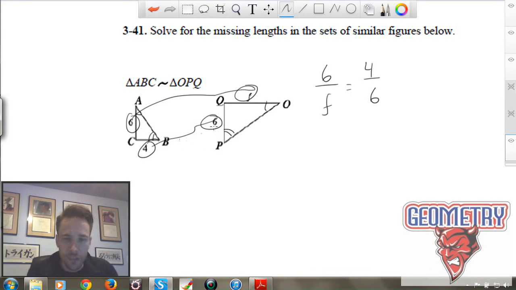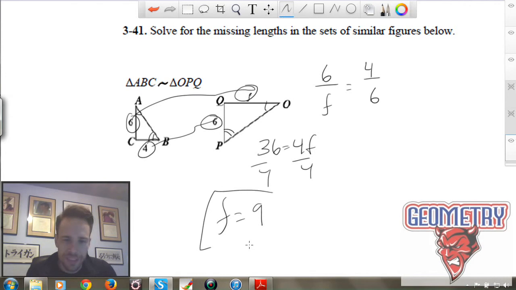And since I started with the triangle ABC on top in the left side of the proportion, I'm going to start with triangle ABC on top in the right side of the proportion. Cross multiply here, we get 36 equals 4F. Divide both sides by 4, F equals 9.